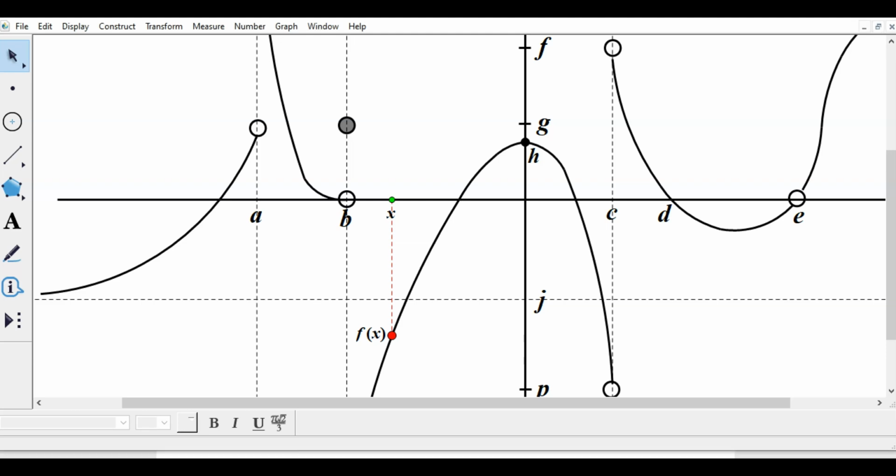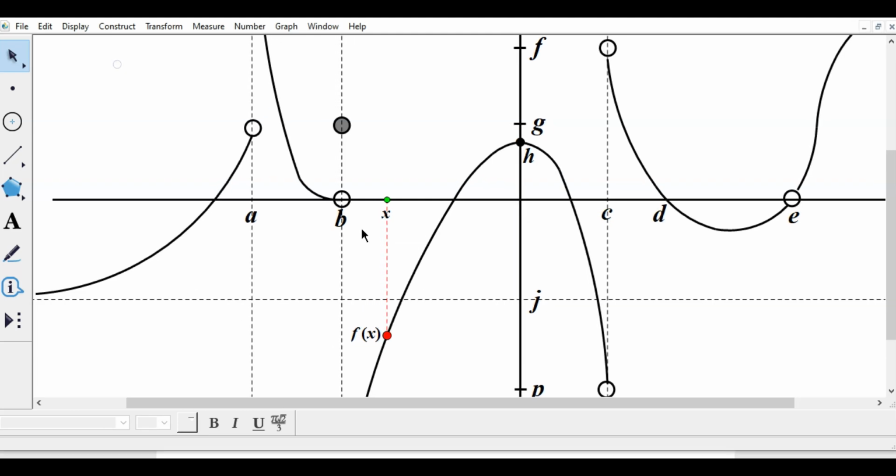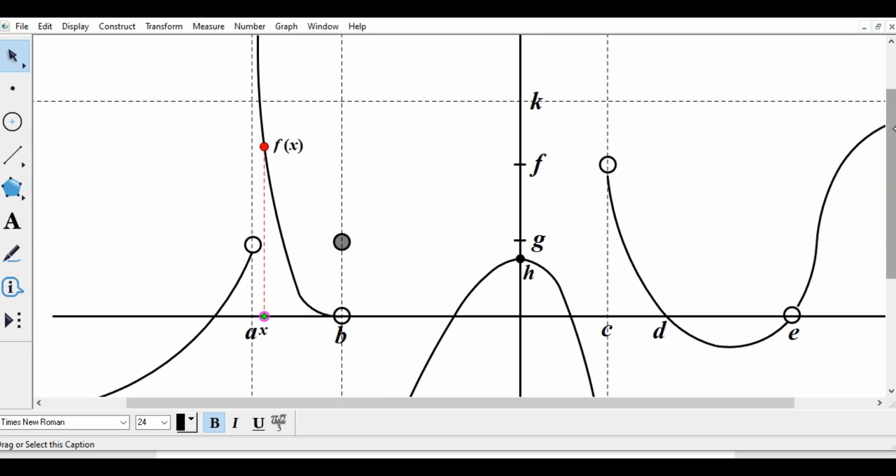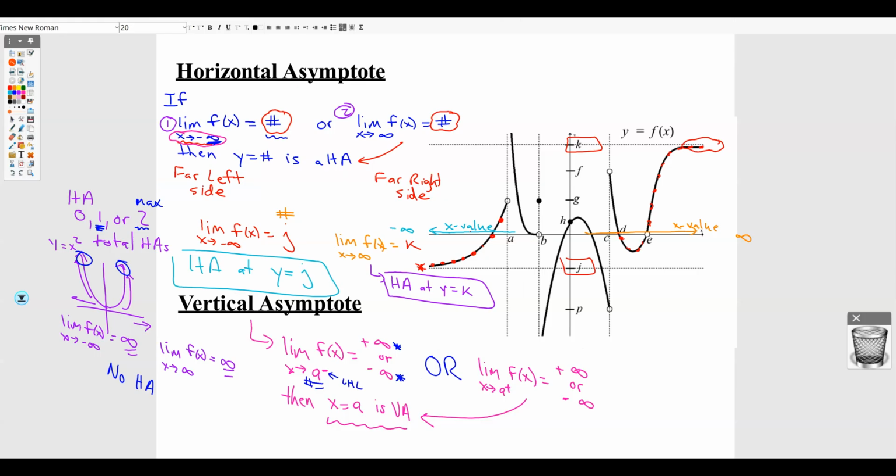All right, so if you come back over here, we've already done this one earlier, but if we move x approaching a from the right-hand side, let me see if I can scroll up a little bit so we can see that better. As x approaches a from the right-hand side, our graph is going up and up and up, and it just goes off the page. So since the right-hand limit at x equals a goes to positive infinity, that would be a definition of a vertical asymptote.